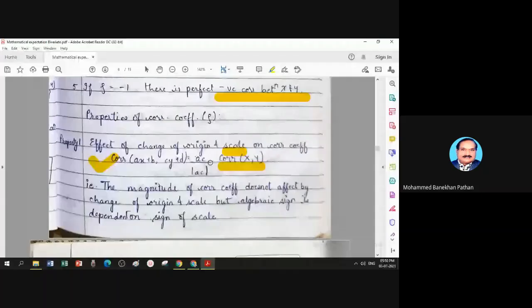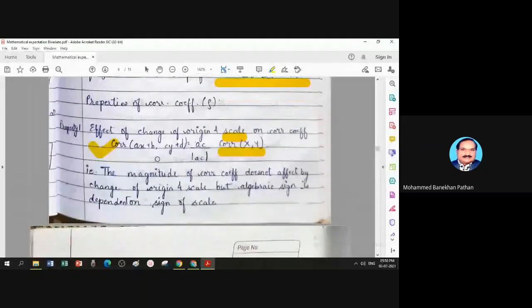If both scales have similar sign, correlation remains the same. If they have opposite sign, the new correlation will be the opposite of the old correlation.